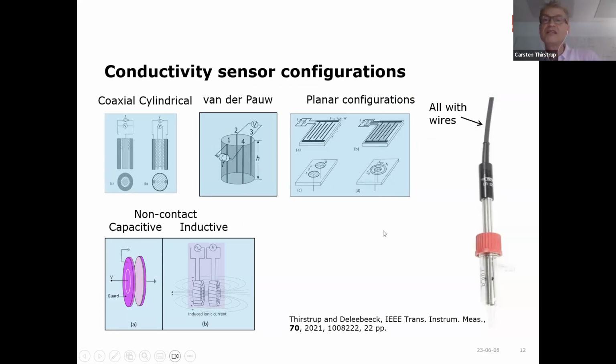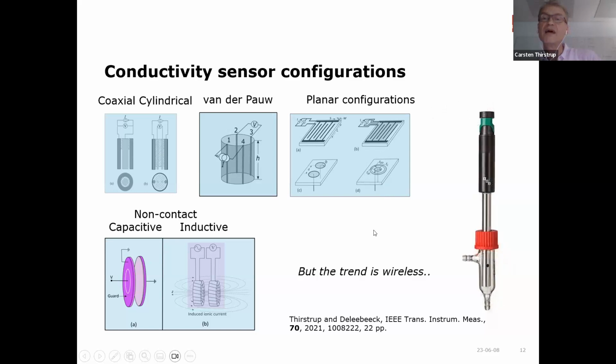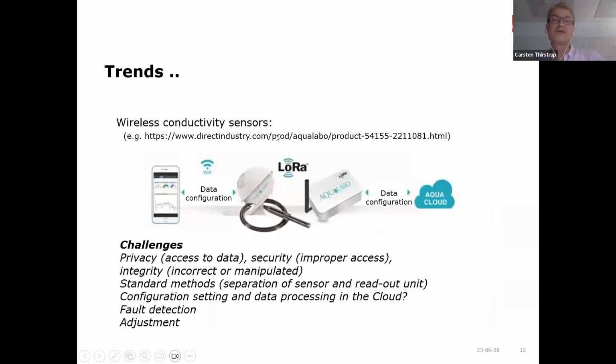But the trend is then wireless, and this can be done in a way where you have a wireless sensor and then you have, for instance, Bluetooth communication to a mobile device, and then via a Wi-Fi link you can have data transfer to the cloud.